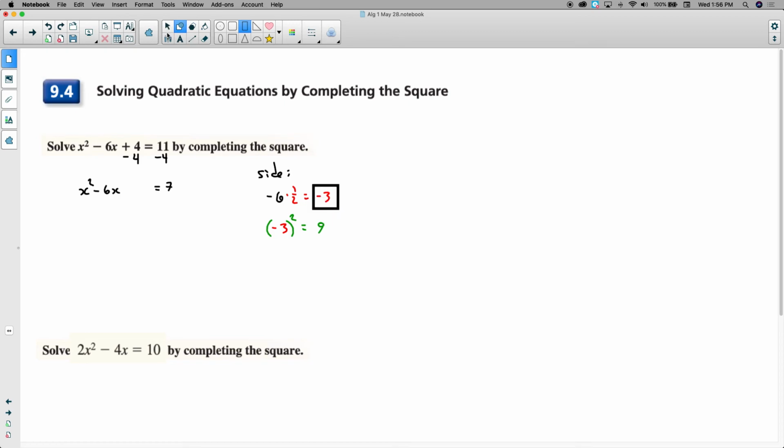Okay, we'll see what happens. You take the b coefficient, x's coefficient, chop it in half, take the result, square it, add that on. You can't just add it on to one side, so you add it on to the other side as well. And then you factor.